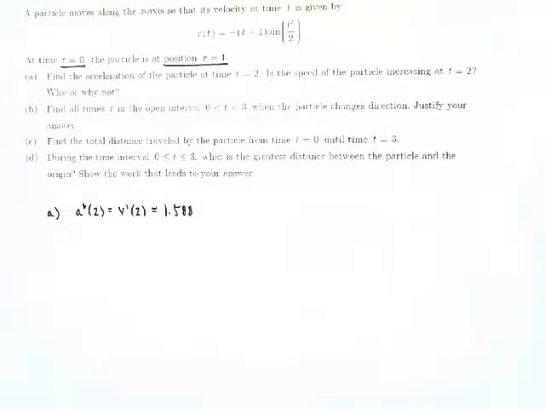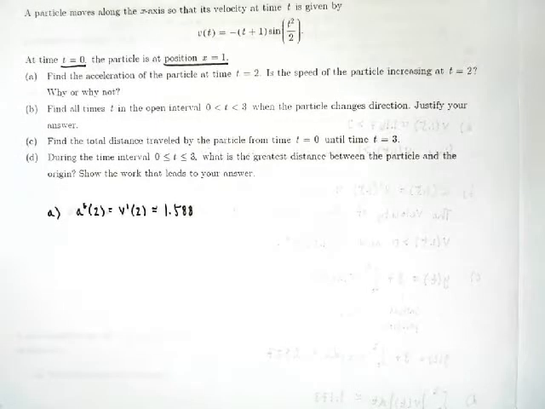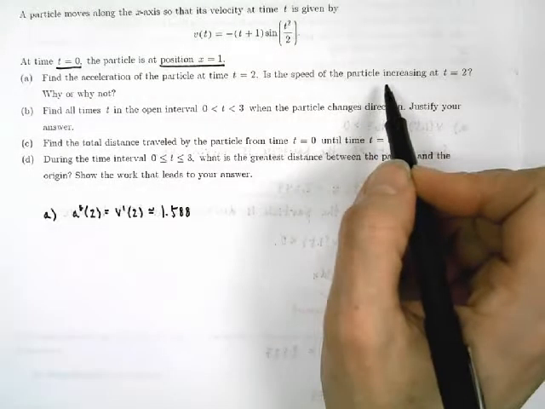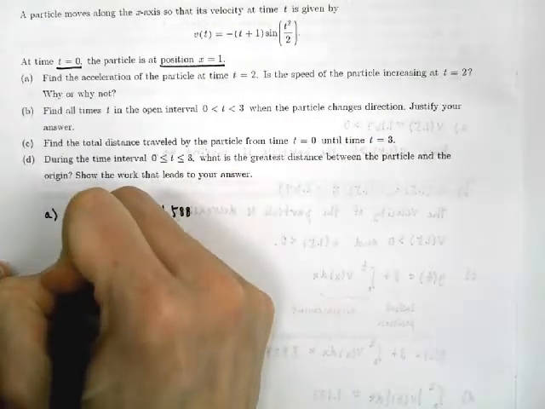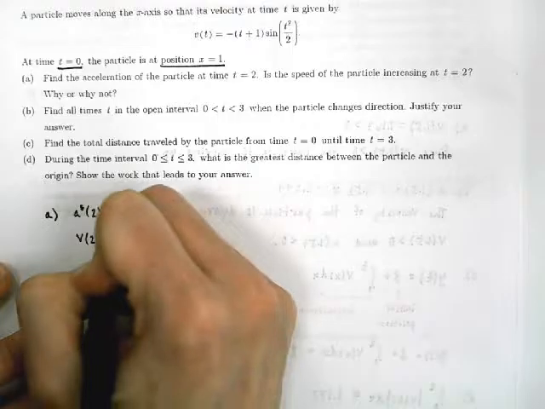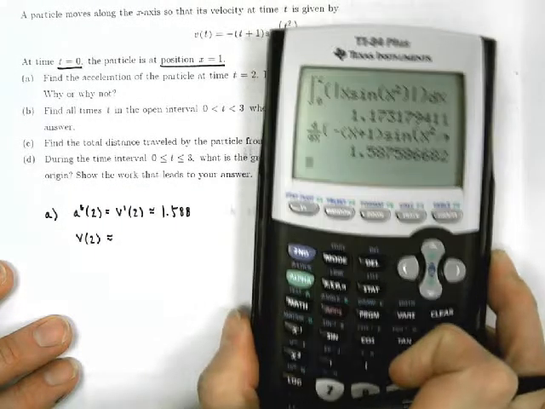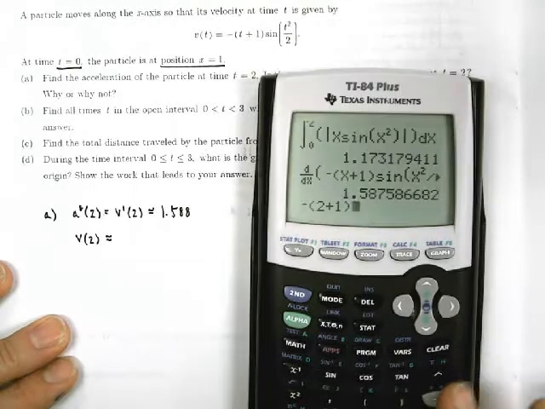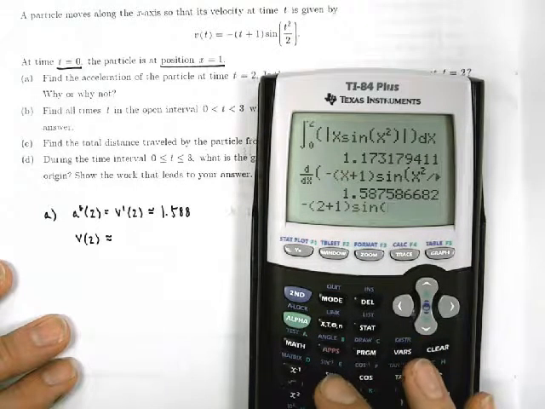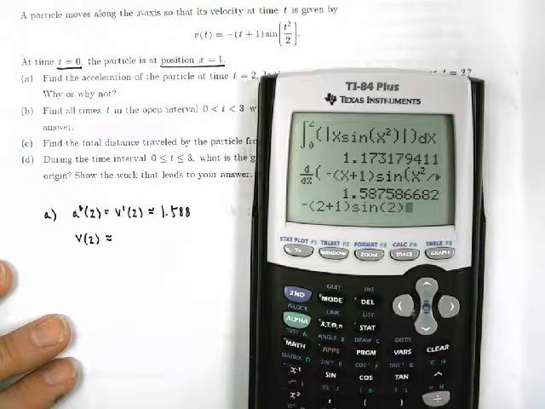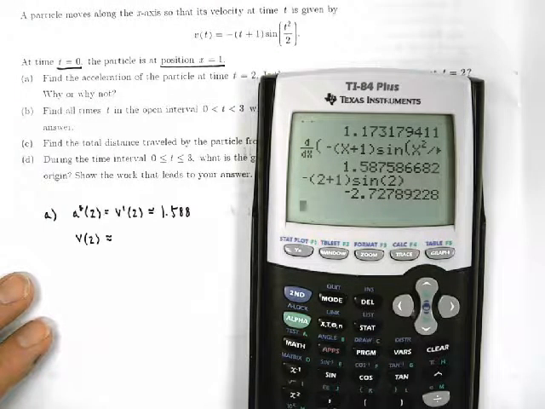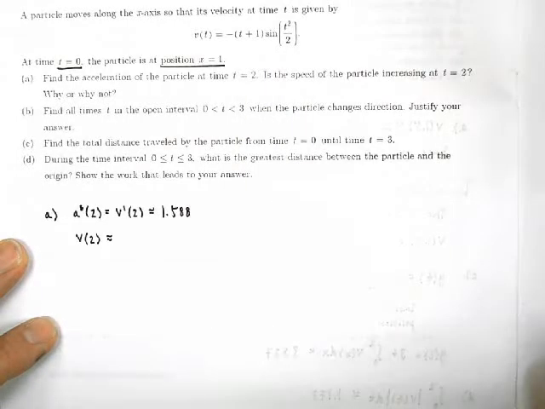Now it asks us if the speed of the particle is increasing at t equals 2. Again, here's where we have to compare our acceleration and velocity. So I'm actually going to need to calculate velocity at time 2. So let's see, negative 2 plus 1 times the sine, t squared 4 divided by 2 is 2. So I get negative 2.728.